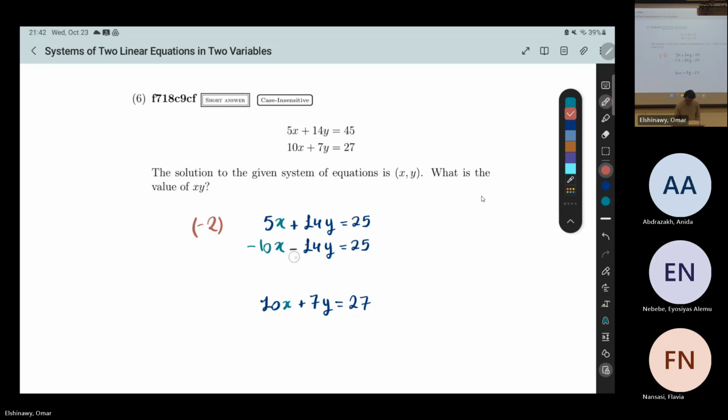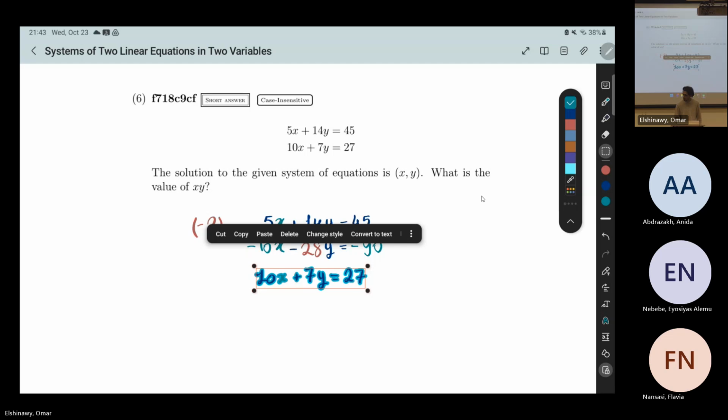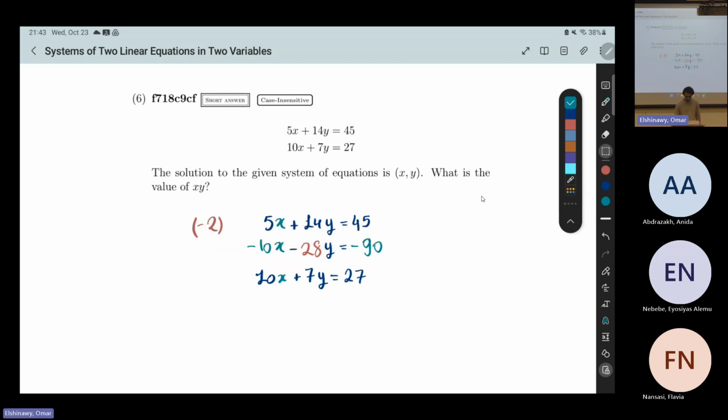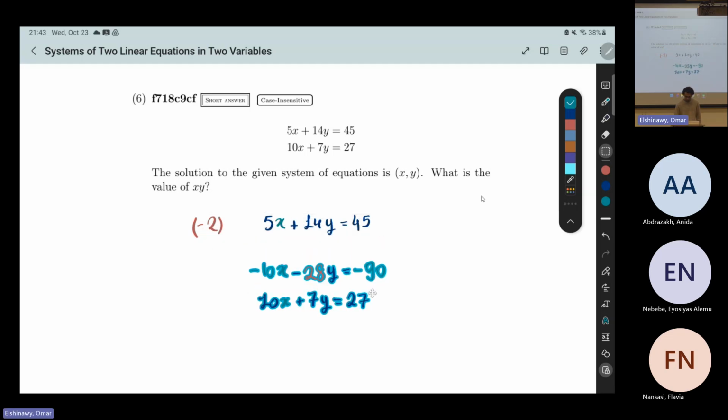And 14 times -2 is -28. And 25 times -2 is -50. That's supposed to be... I copied it incorrectly. Okay, amazing. Then 45 times 2, I think it's -90. Okay, then this is a true statement, and I know it's a true statement.